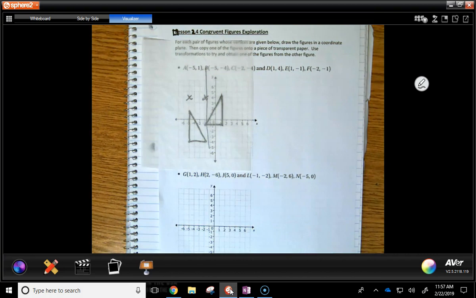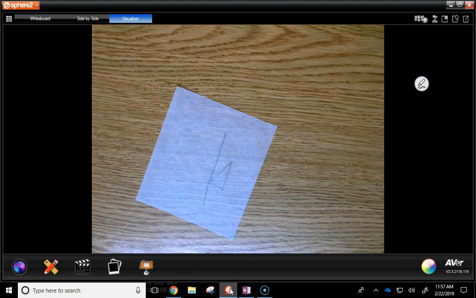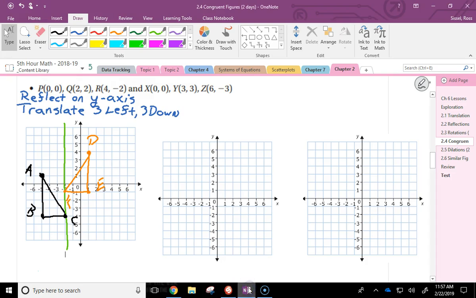So this is why you're going to want to pay attention to this, because some of you are going to get some points off because we are going to ask you to transform the shape in the least amount of steps.